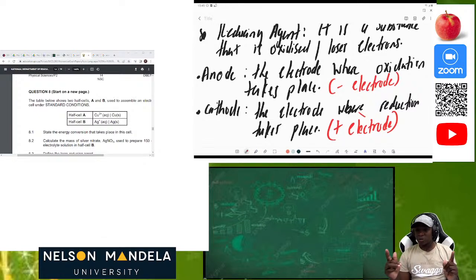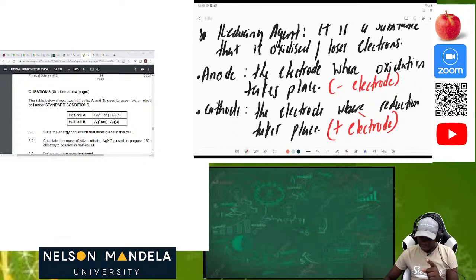The cathode electrode is positive, then the negative electrode is called the anode. So on the negative electrode, that's where there is oxidation. When we defined oxidation in terms of electron transfer, we said it is a loss of electrons. Now it makes sense, because oxidation occurs on the anode, which is the negative electrode.